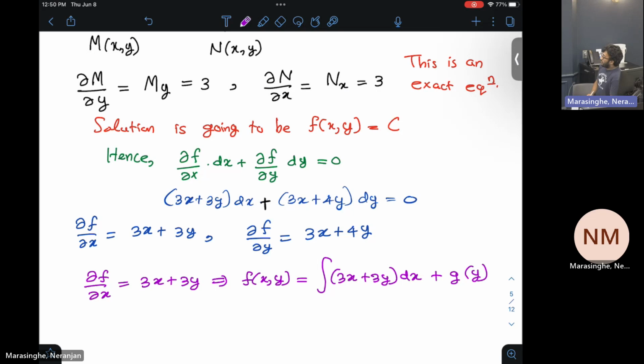So what would you get if you integrate this function with respect to x? You would get 3x squared divided by 2 plus 3xy plus g(y).